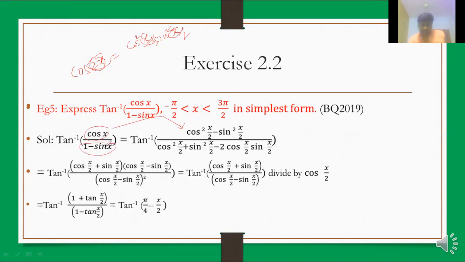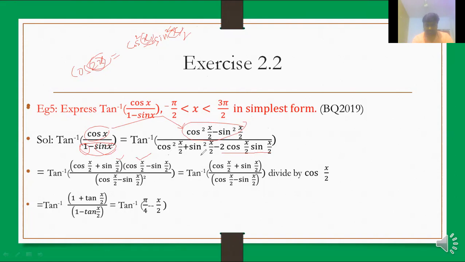So 1, how can we write it? cos square x by 2 plus sin square x by 2. And this sin x, how can we write it? 2 sin x by 2 cos x by 2. Correct? Now here a square minus b square is a plus b into a minus b. So cos x by 2 plus sin x by 2 into cos x by 2 minus sin x by 2.